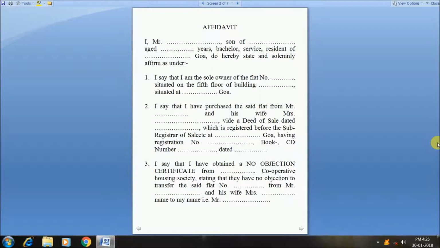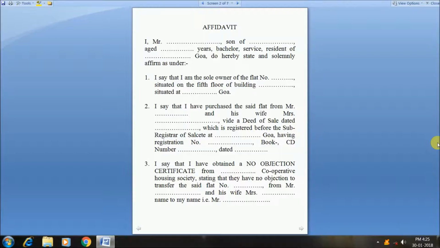So my suggestion always would be to break the affidavit into as many paragraphs as possible. If a specific paragraph cannot be framed in simple language, then it is good practice to break it into multiple paragraphs and make simple statements so that it can be understood very well by a third party.